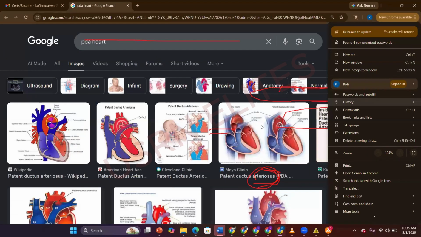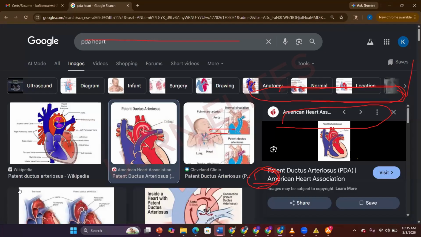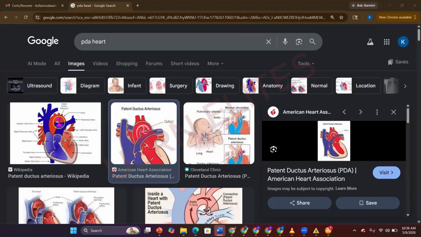So the aorta and the pulmonary artery, where is it? I think we can use this one. Okay, so look at this one, where I'm circling. Let me pick up my pen so that you can see it well. I think this picture will make it more clear.